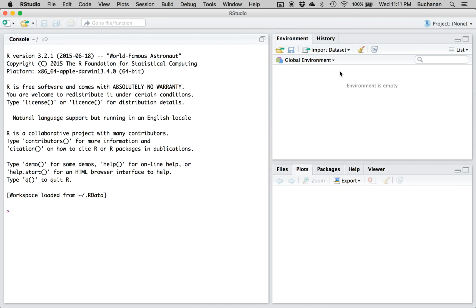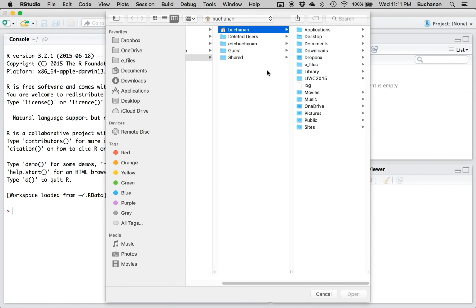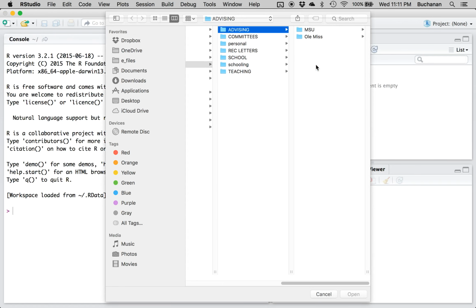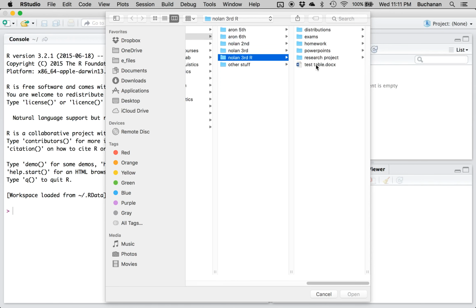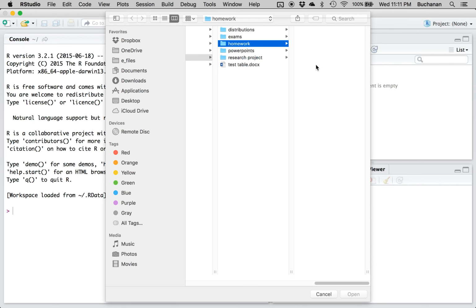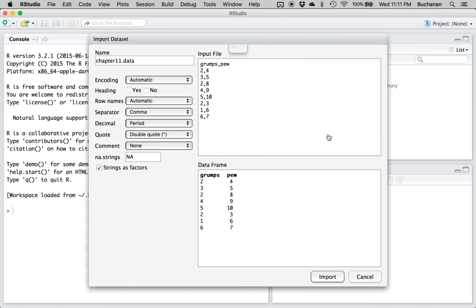Alright, so import dataset from text file. Let's figure out where we hid this. Alright, Chapter 11, data 1. Okay, import.